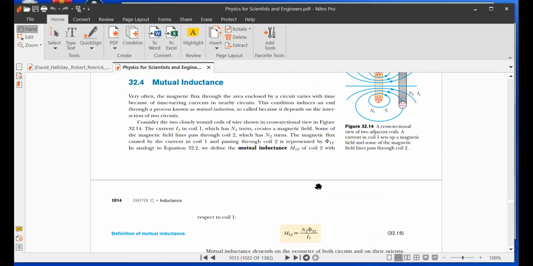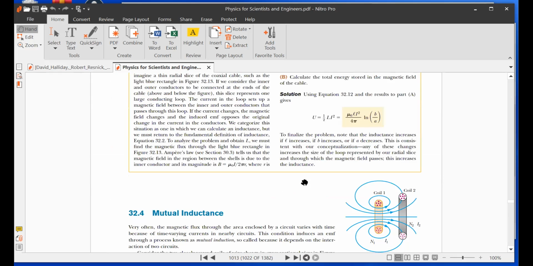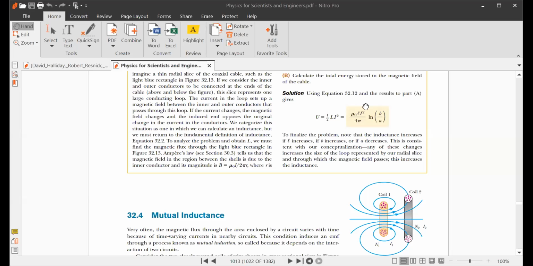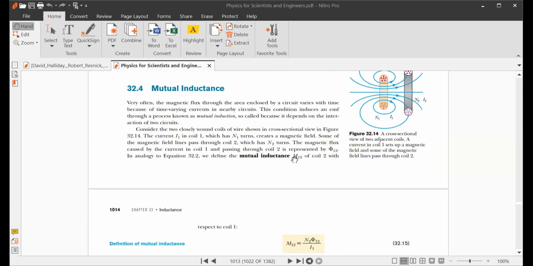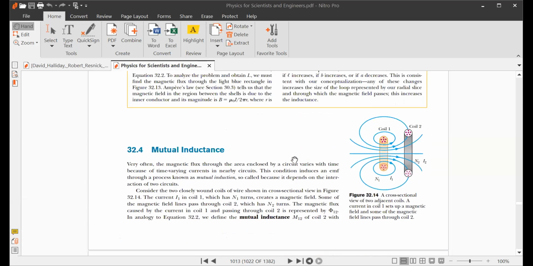So then we also get to mutual inductance. Mutual inductance means that if we have two coils, we take these two coils close to each other, like this.